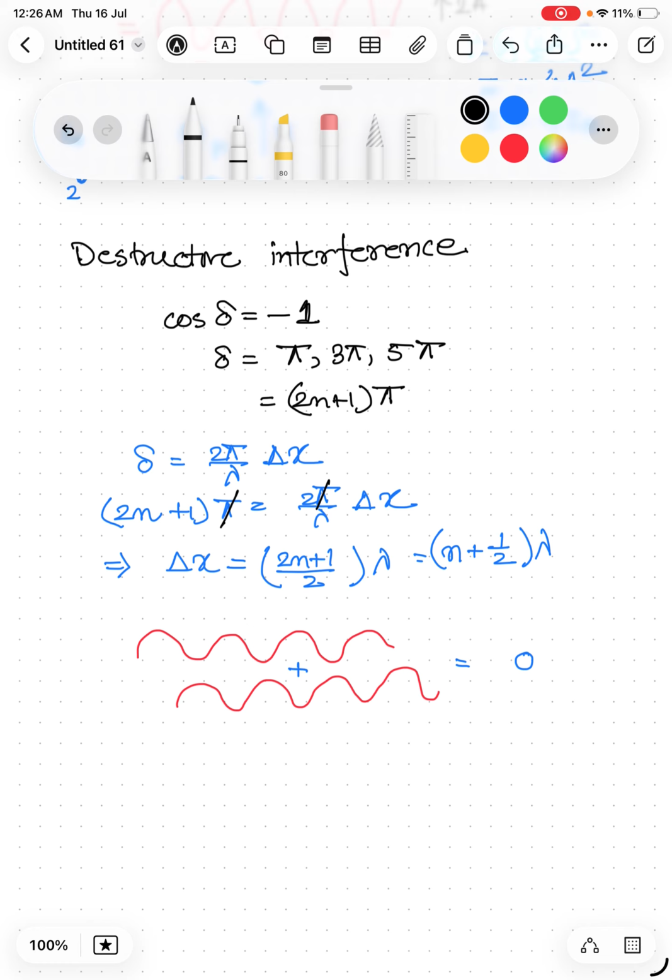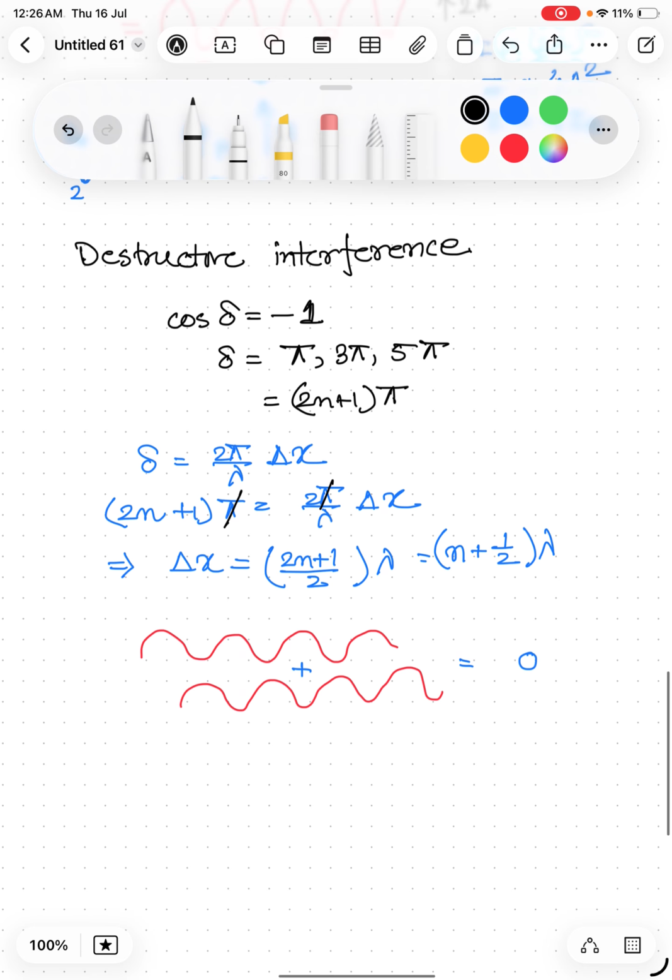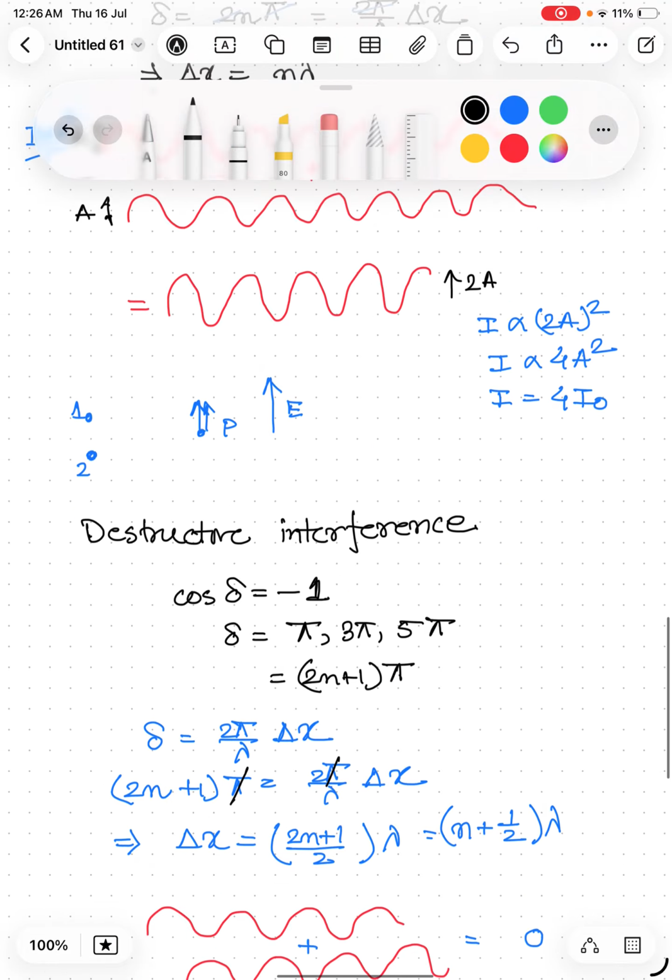It sounds a bit strange, but if I think in terms of the electric field, for one source the electric field is this, for the other source the electric field has a pi phase difference, so it is in the opposite direction. So as a result there is no electric field at all, and intensity equals 0. Okay, so that is what we have got.